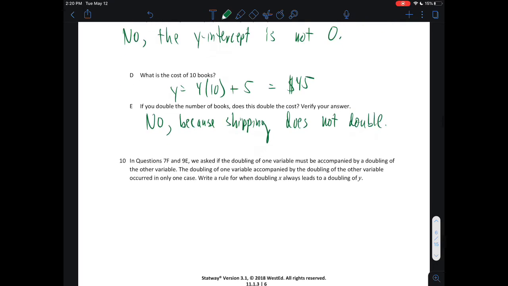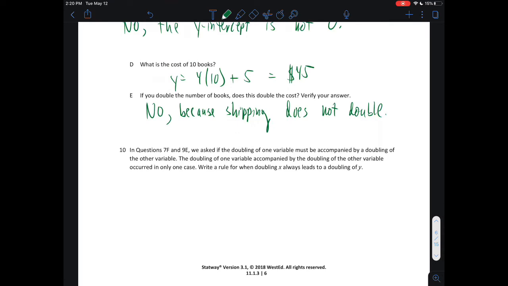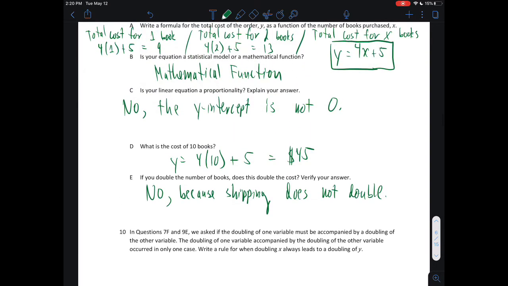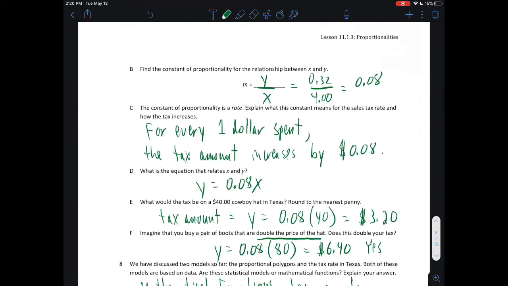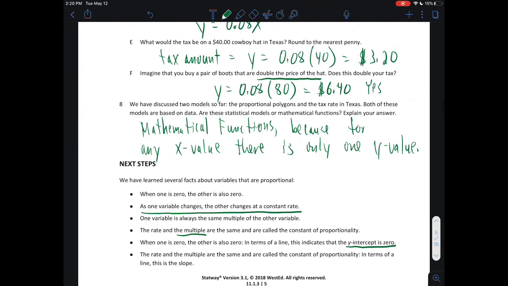All right, question 10. In question 7F and 9E, we asked if the doubling of one variable must be accompanied by the doubling of the other variable. The doubling of one variable accompanied by the doubling of the other variable occurred in only one case. Did it occur in 9E? No. But if you go back to 7F, it did occur.